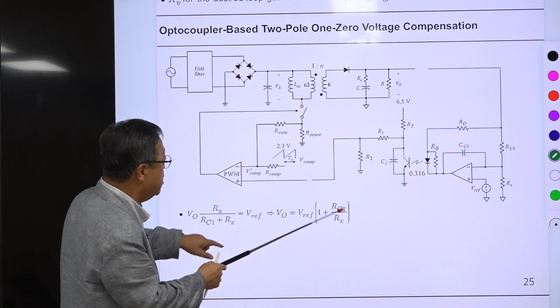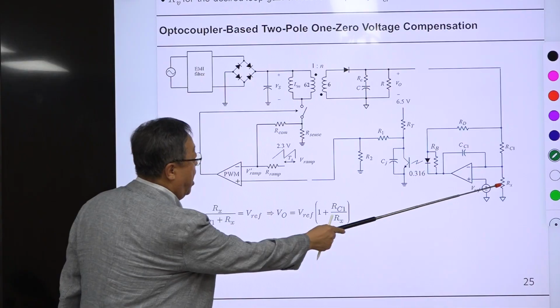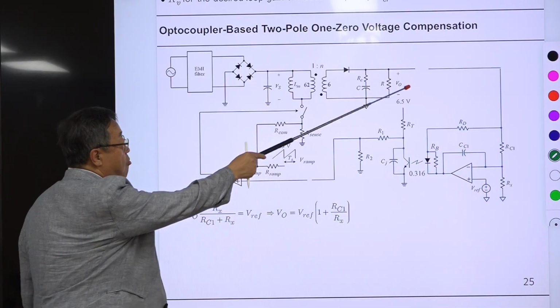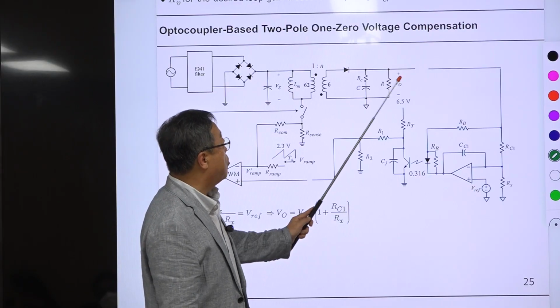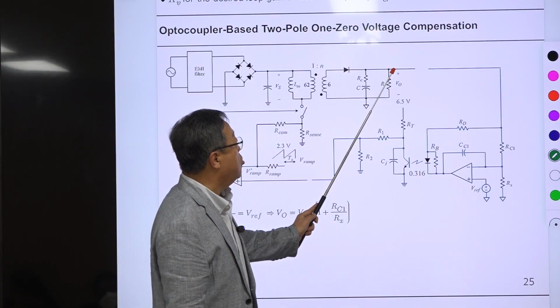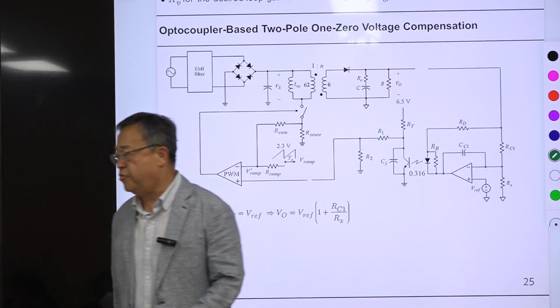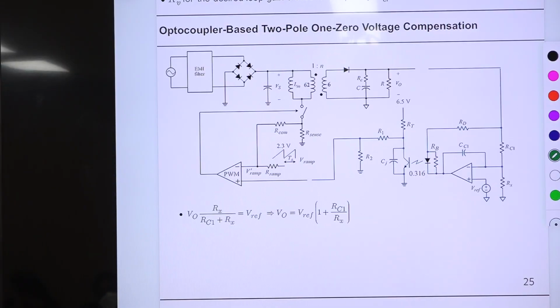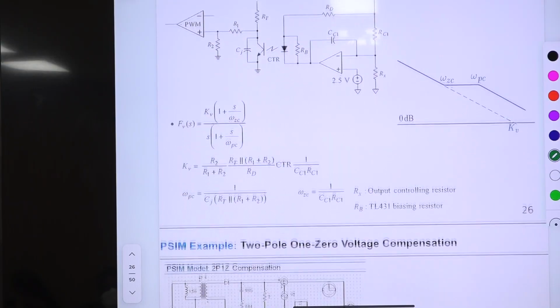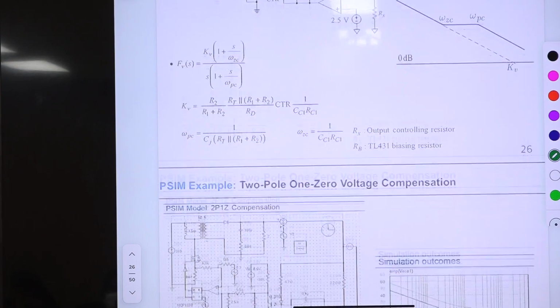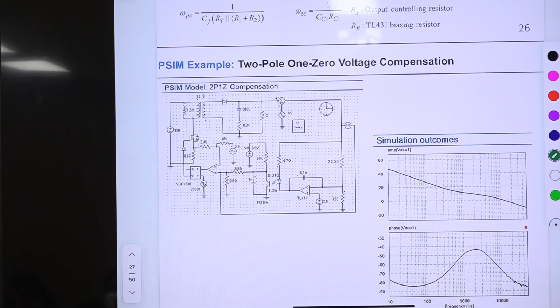So by changing this RX, you are adjusting this output voltage. So this is the 2.5 volt. To obtain 10 volt output voltage, it was 770 something like that. I don't know, maybe something like that. Okay, it is shown here. Okay, 720.